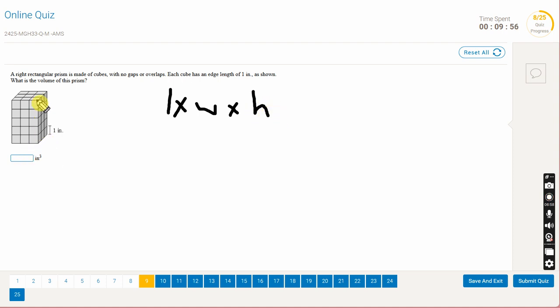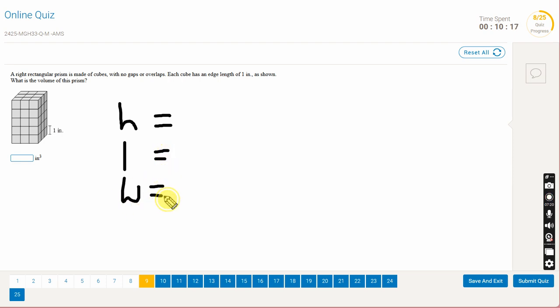This is your height, this is your length, and this is your width. So what we do here is count the number of cubes in the height, the number of cubes in the length, and the number of cubes in the width. We have to count the number of cubes in each one of them.